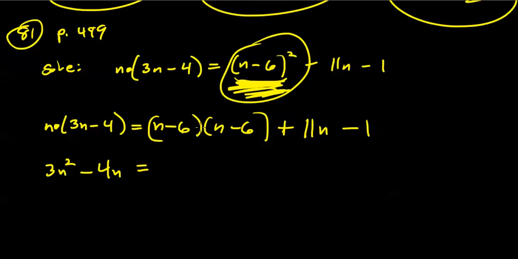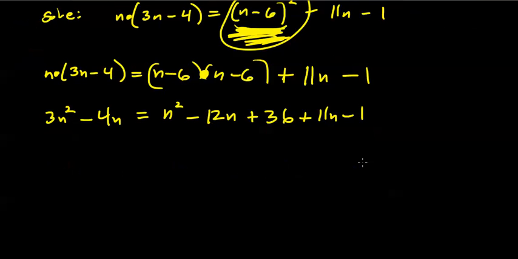On the right, foiling these two binomials, I'll get n squared, minus 6n minus 6n will add up to a minus 12n, and multiplying the last products I'll get a plus 36. I wrote down 6 last time. It's a positive 36 there, so please note that. Plus 11n minus 1. Alright, I think the worst is over.